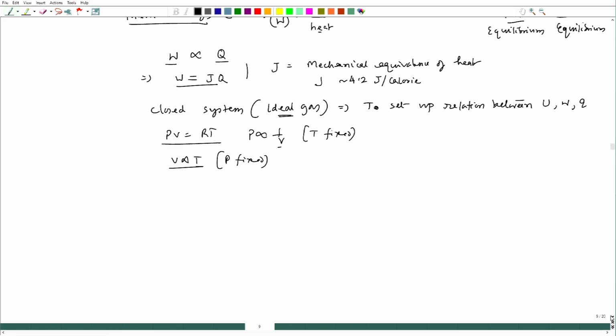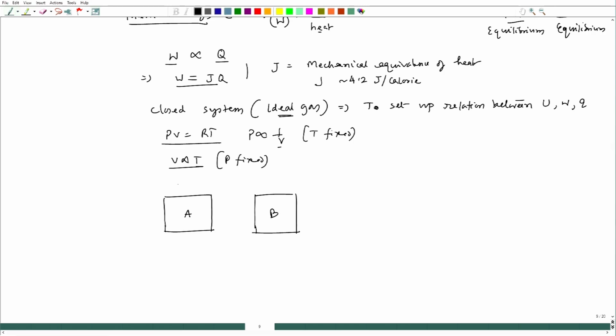Now, let us say I take 2 systems, system A and system B, which are at rest and are basically macro states. The ideal gas is moving from macro state A to macro state B, from state 1 to state 2.